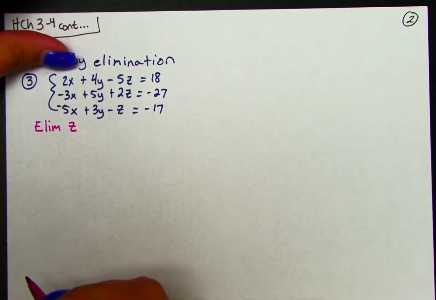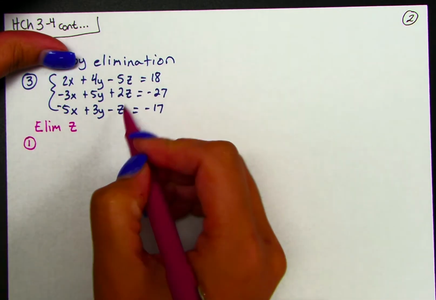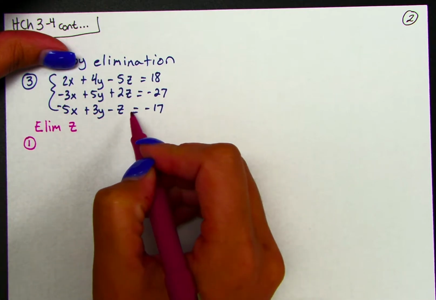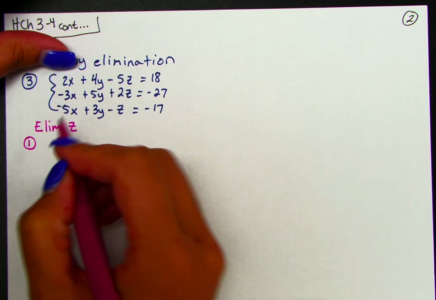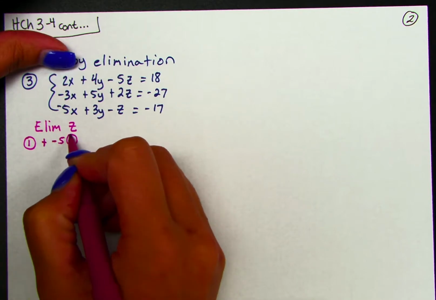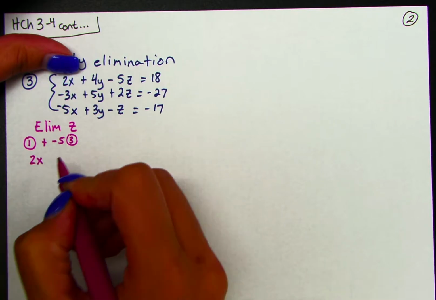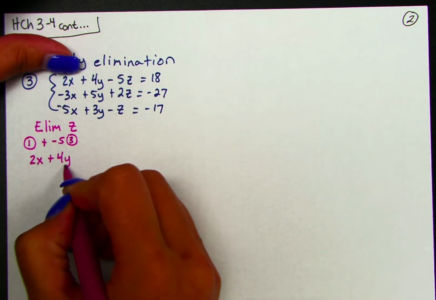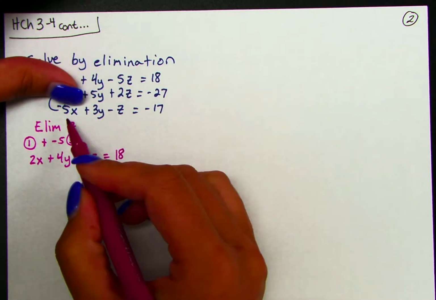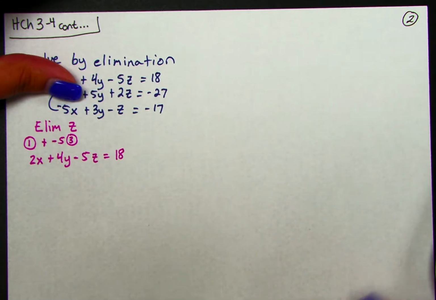Okay. So to do that, I'm going to take equation 1, and then I want this to be a positive 5, so that means I'm going to multiply the third equation by negative 5. So I'm going to add negative 5 times the third equation. Okay, so that first equation I'm not changing, so I'm just going to rewrite it. And then in this third equation, I am taking all of these numbers times negative 5.